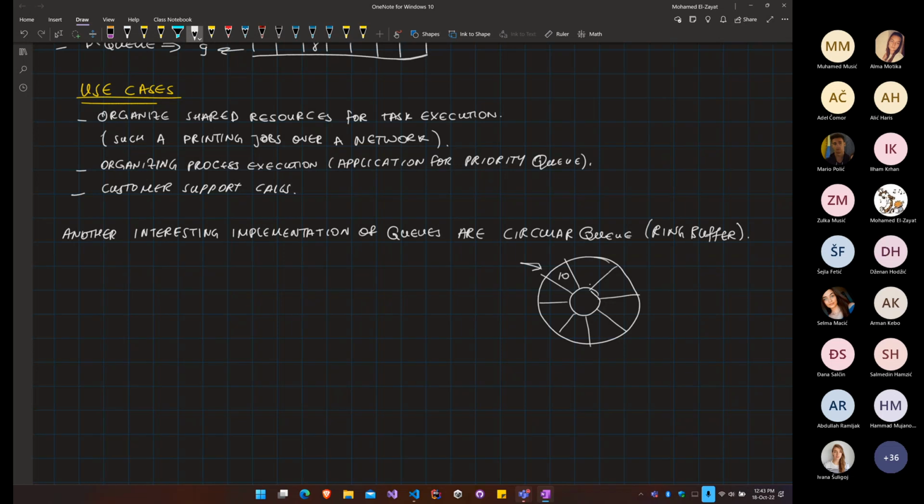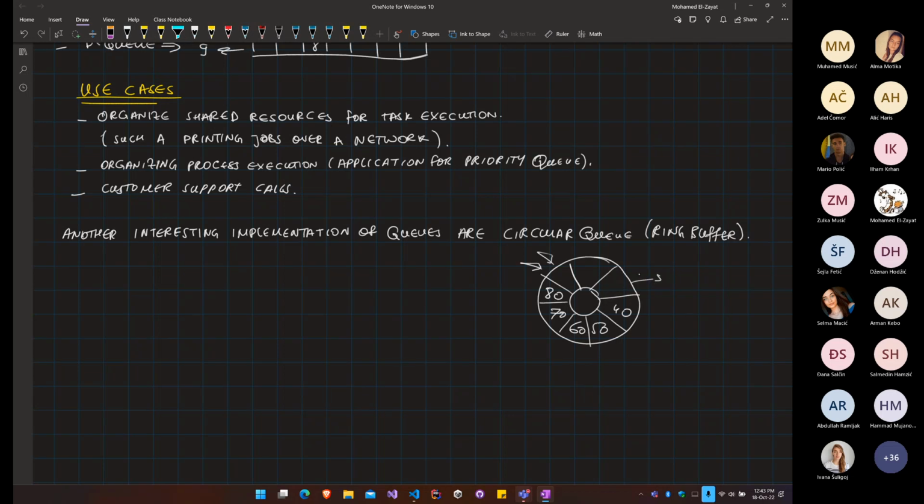So you enqueue here, and then you enqueue again, and again, and so on. And then all of a sudden you start to dequeue. So 10 will be removed. Then you dequeue, for example, 20, but then you enqueue, let's say 50, so it will be enqueued here. Then you enqueue 60, 70, 80, and then you dequeue, for example, 30, so 30 goes out.